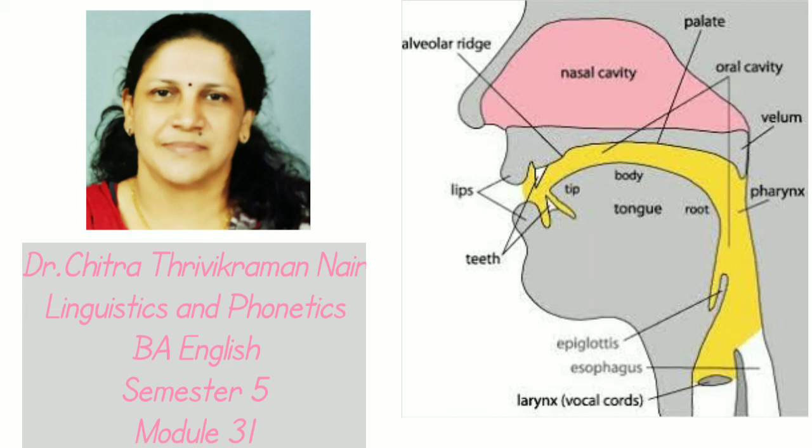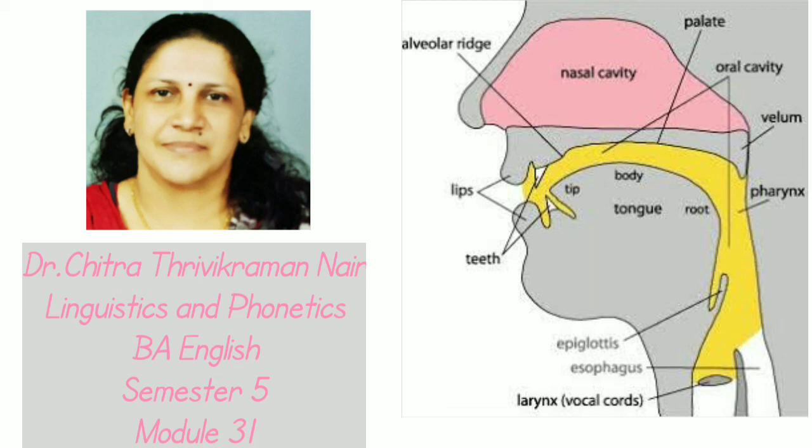So the study of these articulators is very important in articulatory phonetics. The most important articulators are the roof of the mouth, and under the roof of the mouth you have the teeth ridge or the alveolar ridge, soft palate, hard palate. Then you have the tongue, the teeth, and the lips.